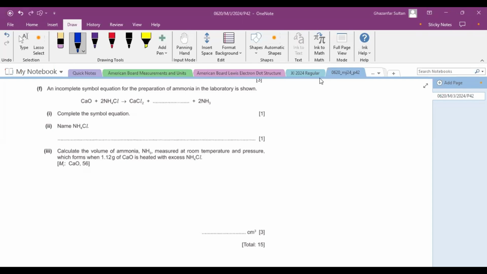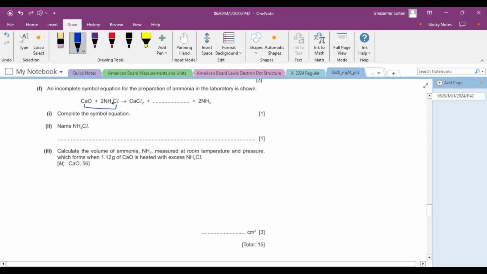An incomplete symbol equation for the preparation of ammonia in the laboratory is shown. Calcium oxide reacts with ammonium chloride and produces calcium chloride, ammonia gas, and something else here. And what should be that product? Complete the symbol equation. If you think about it, you can see calcium from here and 2 chlorine from here are making CaCl2.